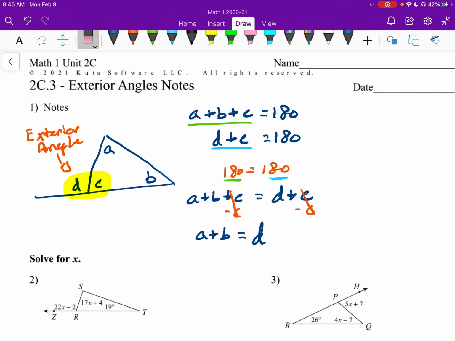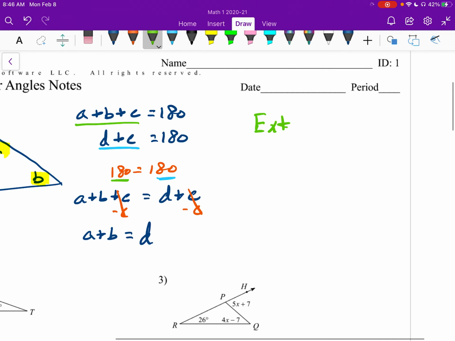Now what we've said there is that the opposite angles added together give the exterior angle. Right? This is called the exterior angle theorem. Let me write that down.